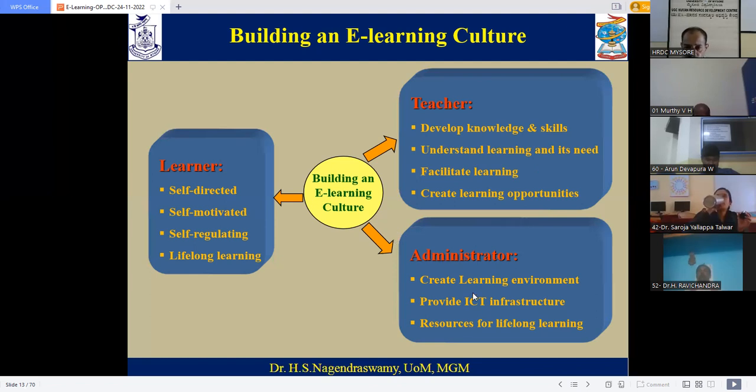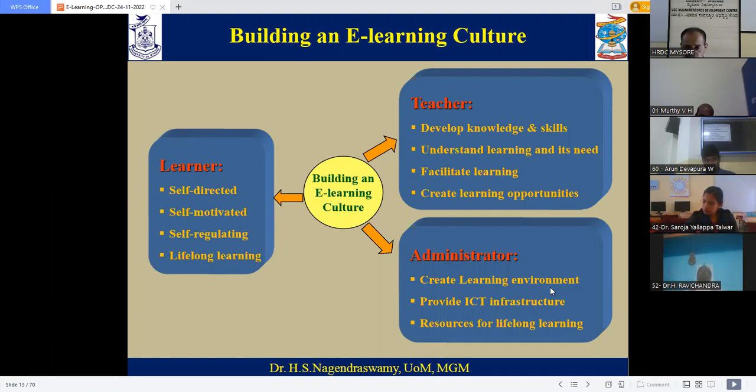As an administrator, create a learning environment. I think this is the best example, because the university has the HRDC, Human Resource Development Center, which has given an opportunity for each one of us to meet here and discuss some subject and get some knowledge out of it.